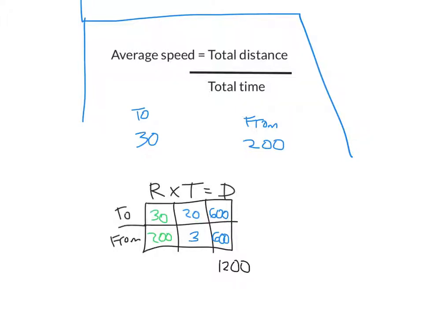And then we have 20 plus 3 is 23, right? So we're totaling up the distance, totaling up the time. So it's going to be total distance over total time. So that's going to be 1200 divided by 23. And that is approximately 52.2. How about that? Miles per hour.